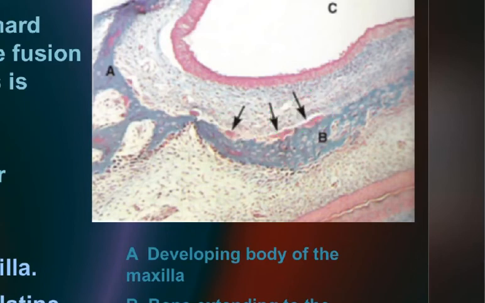Osteoclasts are resorbing the bone. On the other side, we have smaller cells which are osteoblasts. Osteoblasts form bone. So on this side, toward the nasal cavity, we have osteoclasts resorbing the bone.